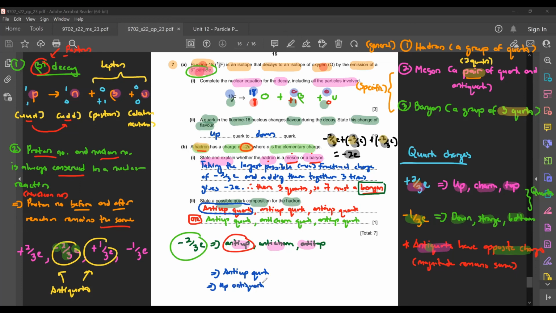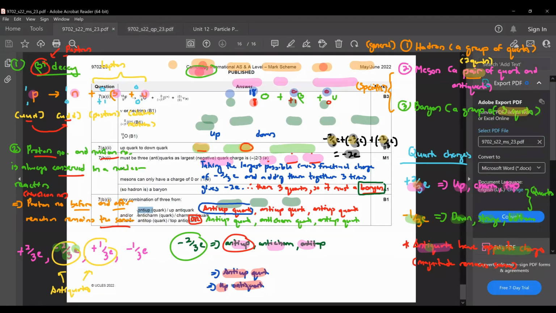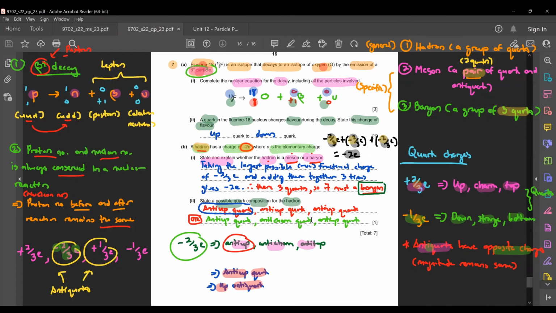They mean the same thing, because sometimes when you look at the marking scheme and the textbooks, you may notice that they word the antiparticle equivalents differently. Sometimes they say anti-up quark, sometimes up anti-quark. You can write it any way you like. Even the marking scheme is saying that: anti-up quark or up anti-quark, anti-charm quark or charm anti-quark, anti-top quark or top anti-quark. Okay, so that's it for this question. We're done with this paper.